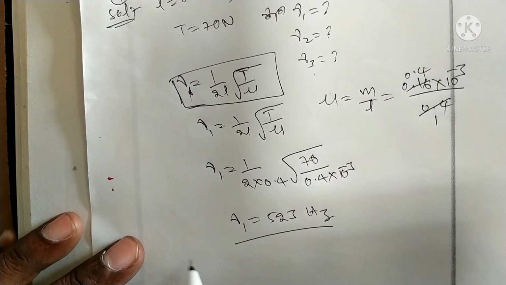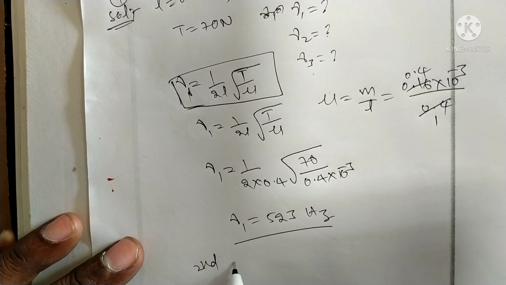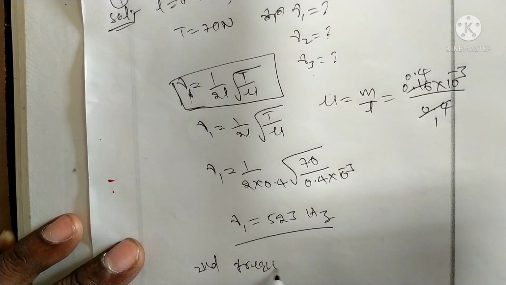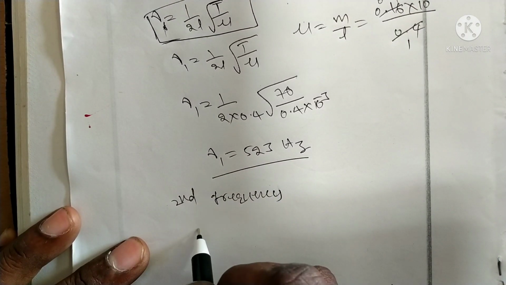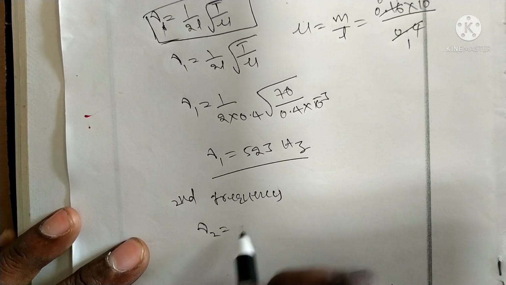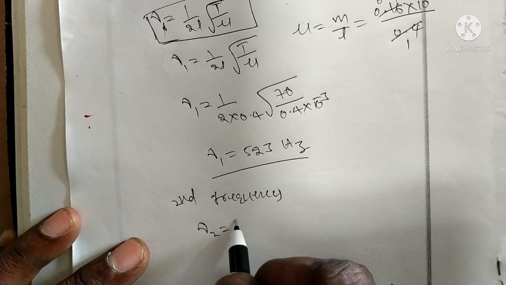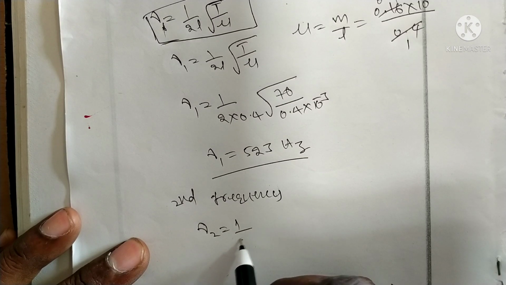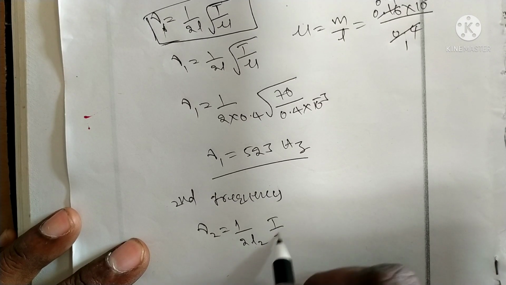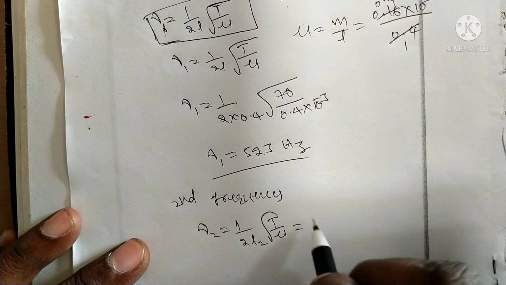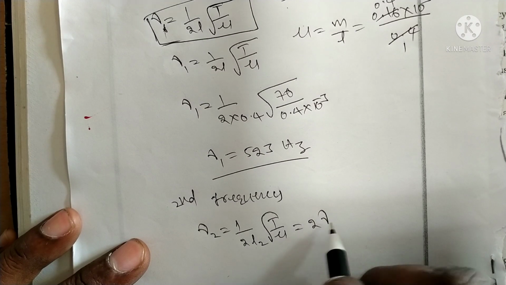Next, the second mode, the second frequency, that is nu2, is equal to 1 by 2L times 2 root T by mu, or 2 nu1.